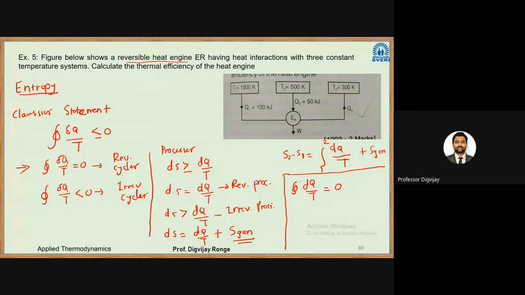I have to take this Q divided by this temperature, this Q divided by this temperature, and this Q divided by this temperature. So this will be 100 divided by 1000 plus 50 divided by 500 plus Q3, which is unknown, divided by 300. This is equal to 0. So from this you can calculate Q3.